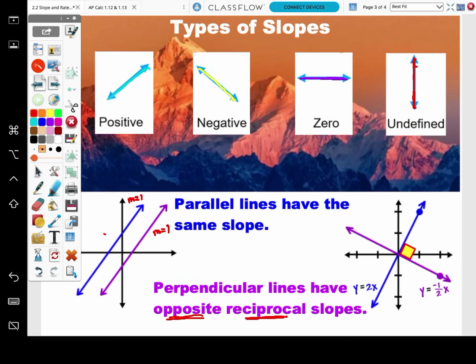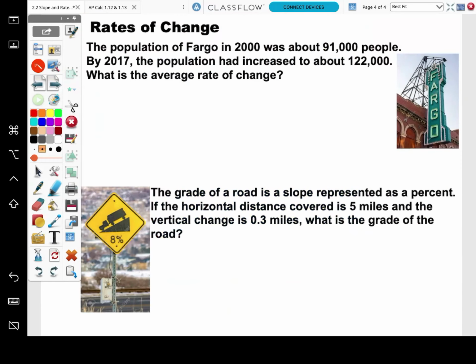Opposite meaning one positive, one negative. Reciprocal meaning something like one of them has a slope of 2, like you see here, and the other one would be the reciprocal, or 1/2. So negative 1/2 and 2 would be perpendicular. And of course, from geometry, you remember that that little box symbol means 90 degrees.